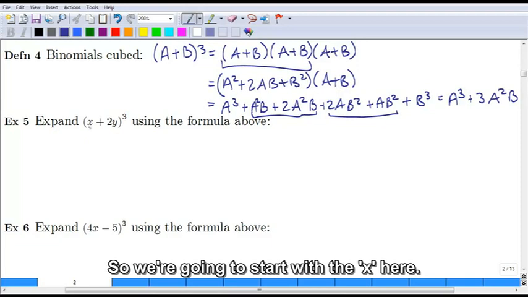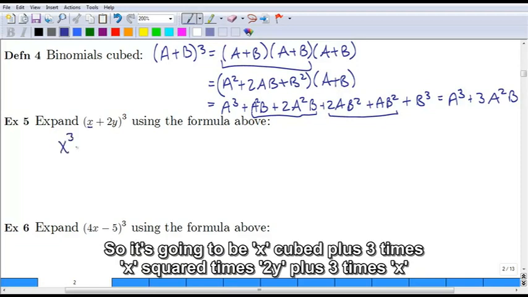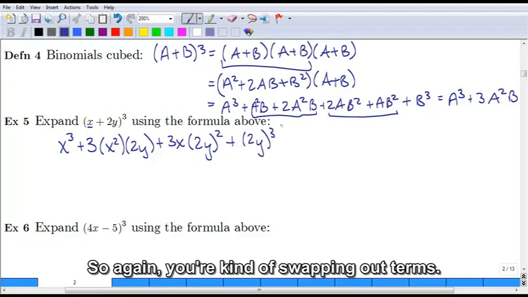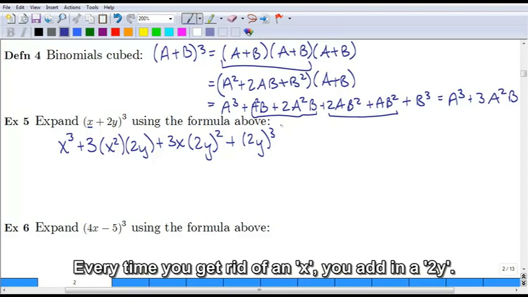So we're going to start with the x here, so it's going to be x cubed plus 3 times x squared times 2y plus 3 times x times 2y squared plus 2y cubed. So again, you're kind of swapping out terms. Every time you get rid of an x, you add in a 2y.